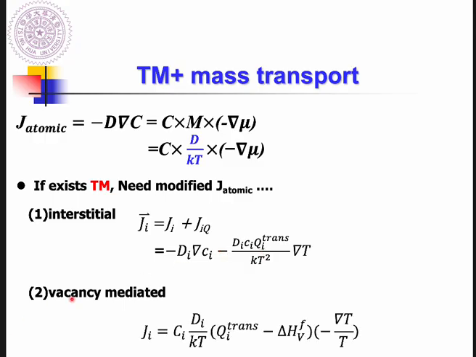And for pure metals, or what some people call vacancy mediated materials, you need to consider the thermal migration induced atomic flux, which is the mobility, concentration, and driving force. But you still need to consider the vacancy mediated effect, which can be addressed here.